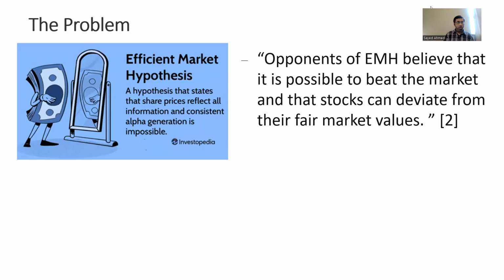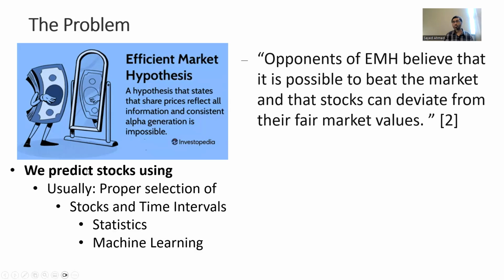Now, because we can collect more data, various types of data, and we have the technologies to predict better, we are using these technologies hoping to get better results. So how do we predict?